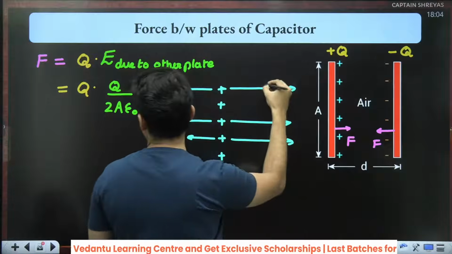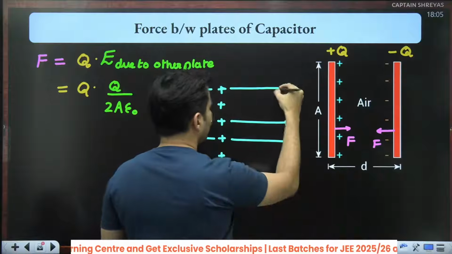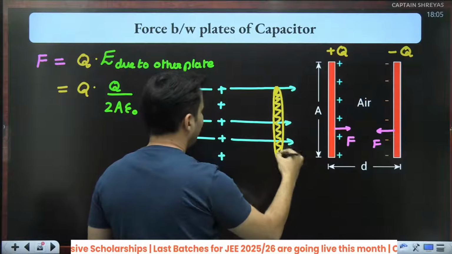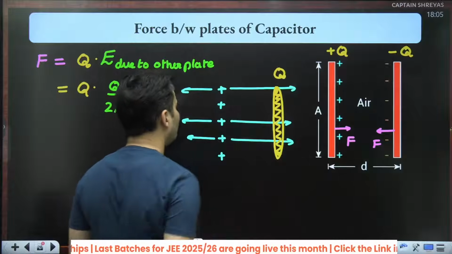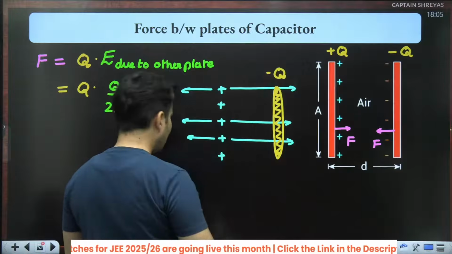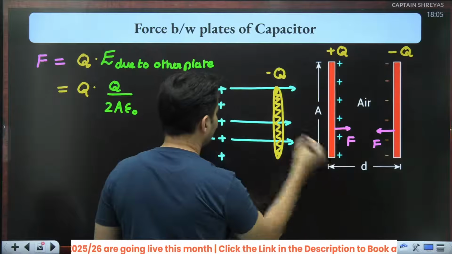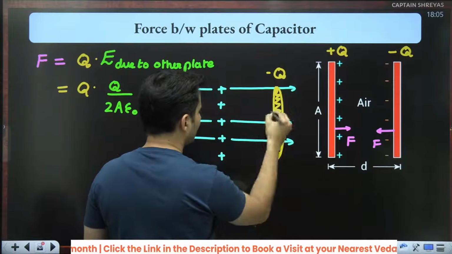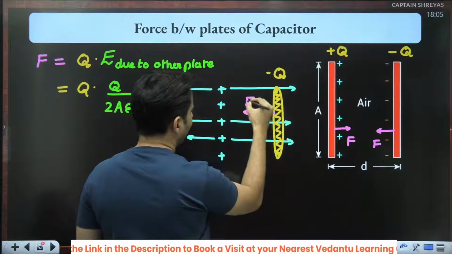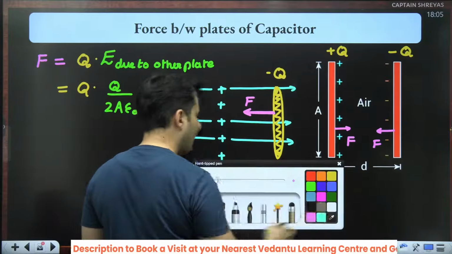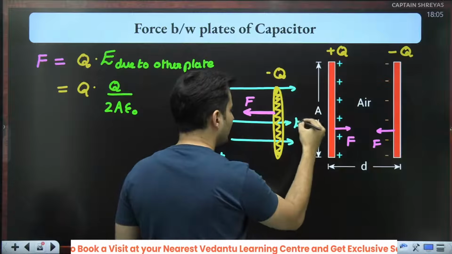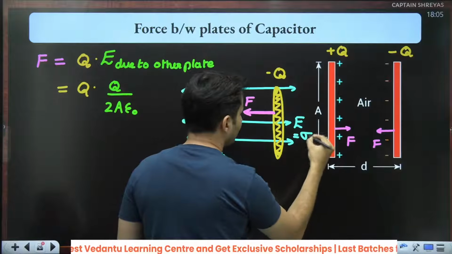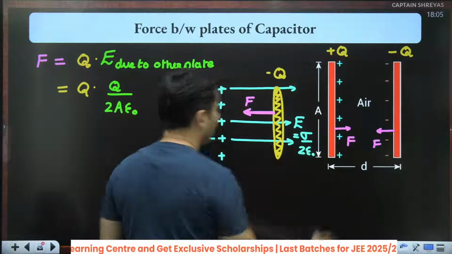And when you consider the charges over here on the other plate, which is, let's say, for example, q or minus q, then the force acting on it is the charge multiplied by this particular field due to this one, which is nothing but sigma by 2 epsilon naught.